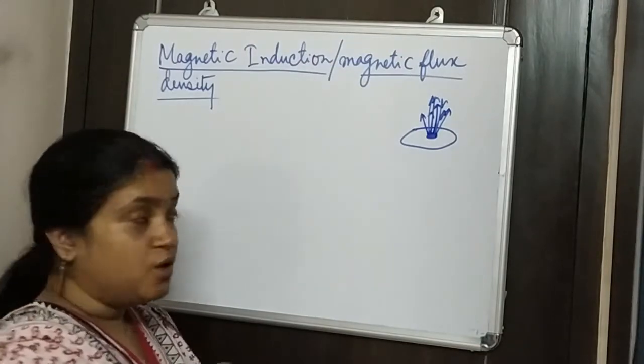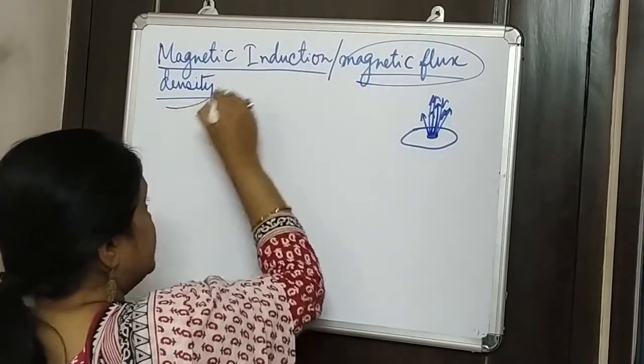That is called the magnetic flux density.